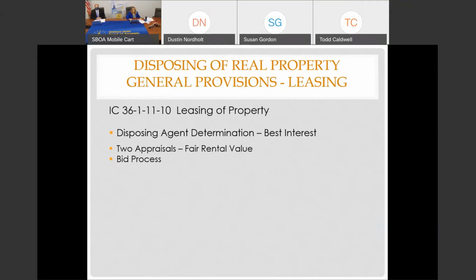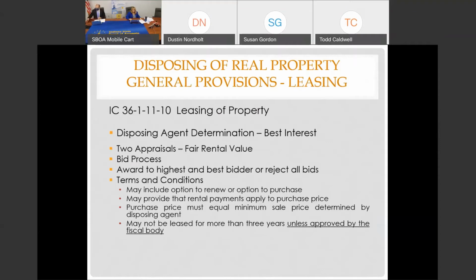The bidding process is the same as those general procedures we talked about at the beginning under 36.111.4. And then the award should be made to the highest and best bidder, or again, all bids can be rejected, and if they are, then the disposing agent would have to state why they were all rejected.